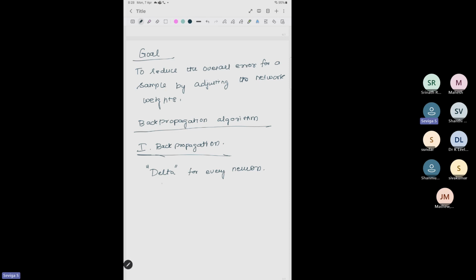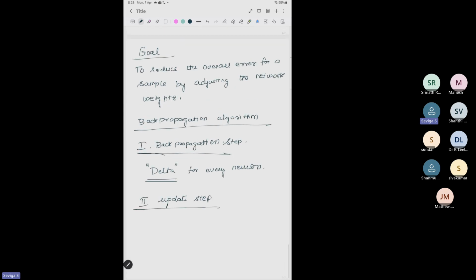This number is related to the network error. The second step is called the update step, where we will update the weights with these delta values. So we will have the delta values at each neuron.